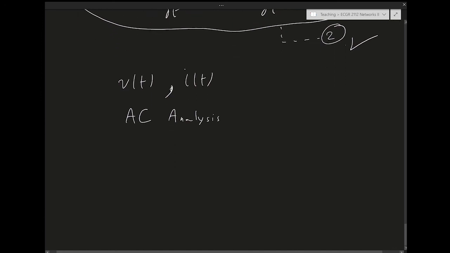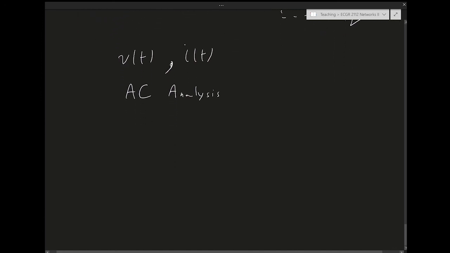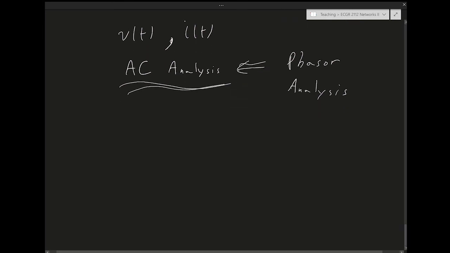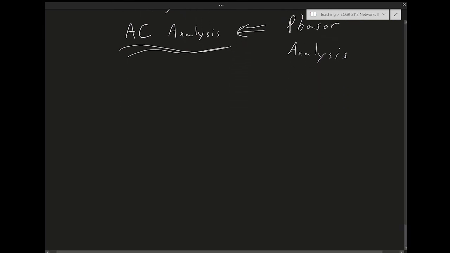All we have to do is redo the phasor analysis that we learned about, and it still applies. I'll remind you of the steps we had to take to apply it. So we can still apply it to those kinds of circuits.